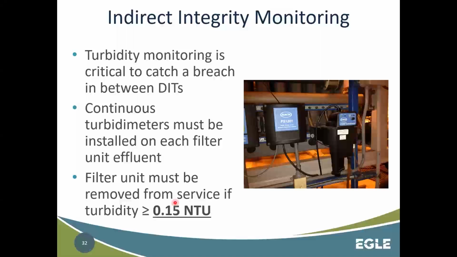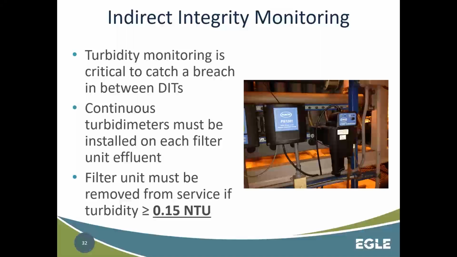That's not a regulatory violation, but that's a sure indicator that something's not right, because again, the way these membranes are designed, they should definitely be able to have better performance than that. So that's an indication of a problem.